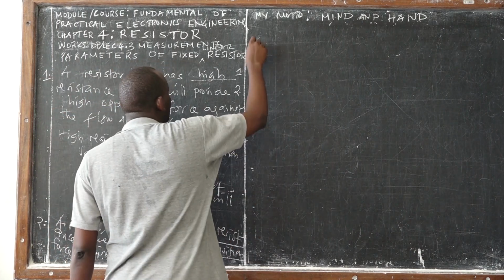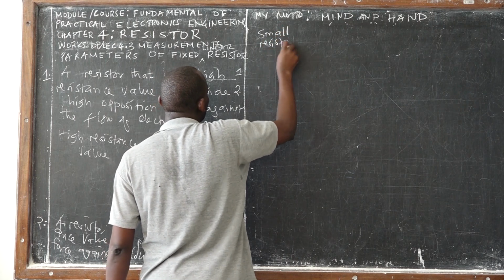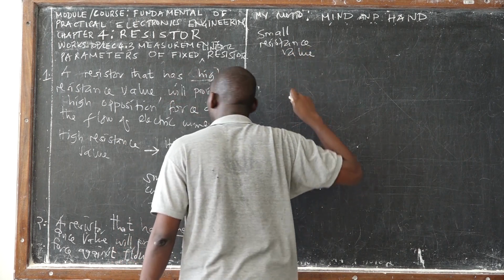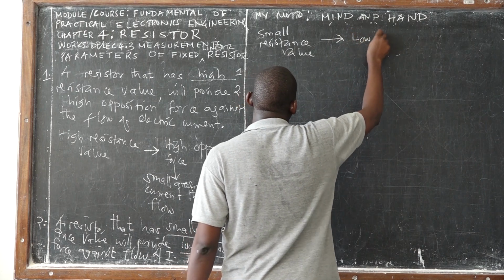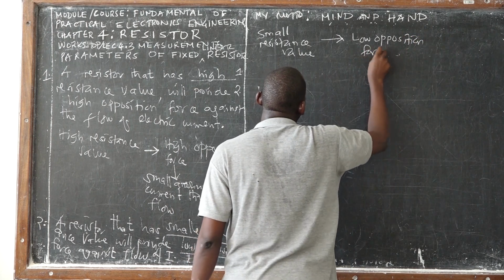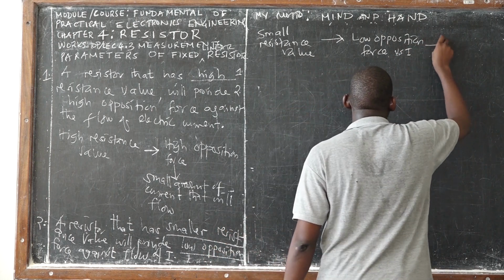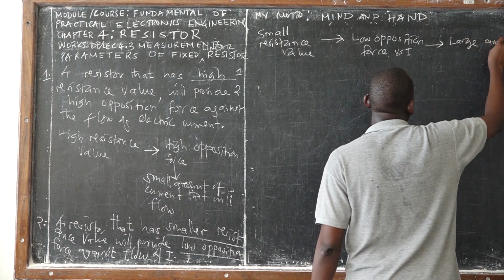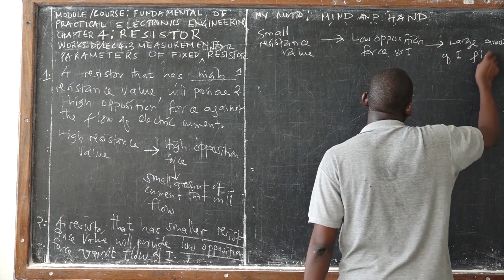So we say that a small resistance value implies low opposition force against the flow of current, and this implies a large amount of current flow.